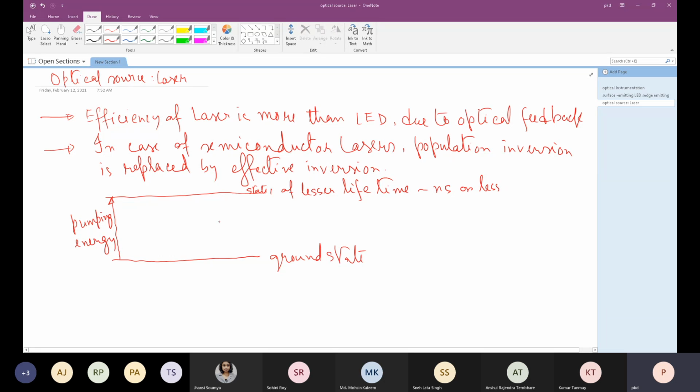Then there is an intermediate state, say state 2, of higher lifetime, nanosecond or more.